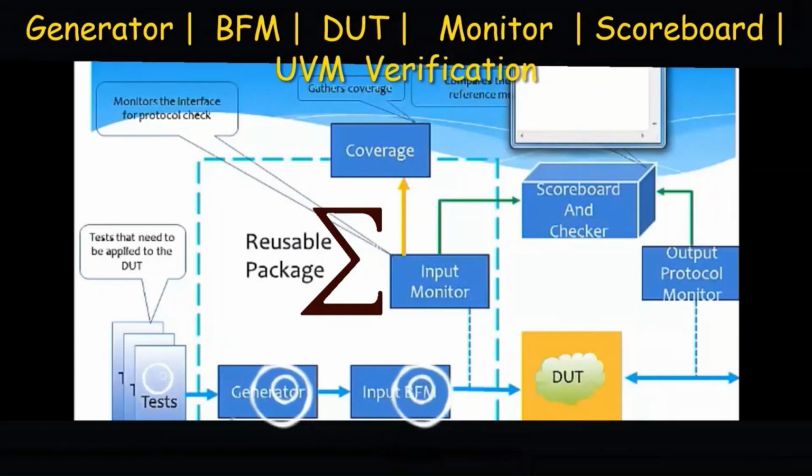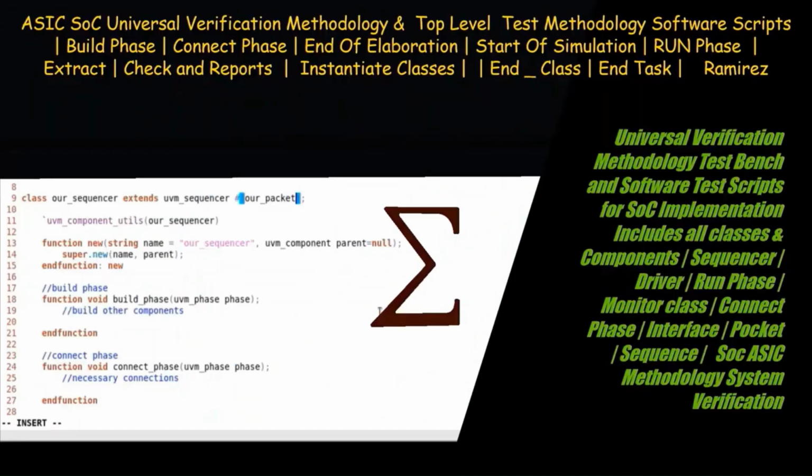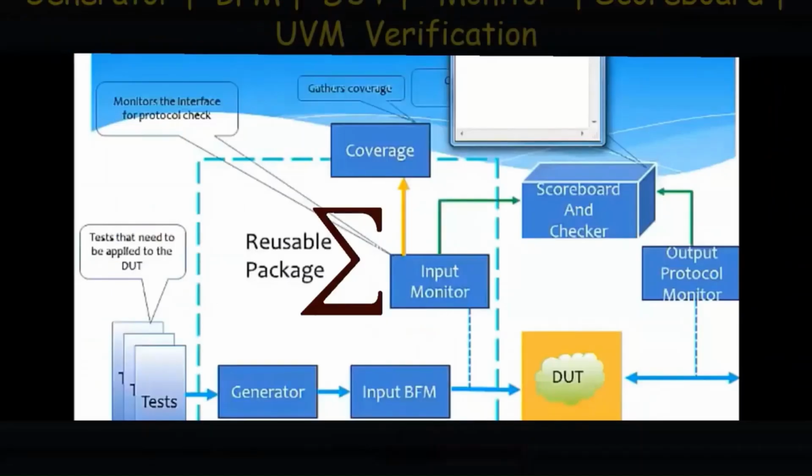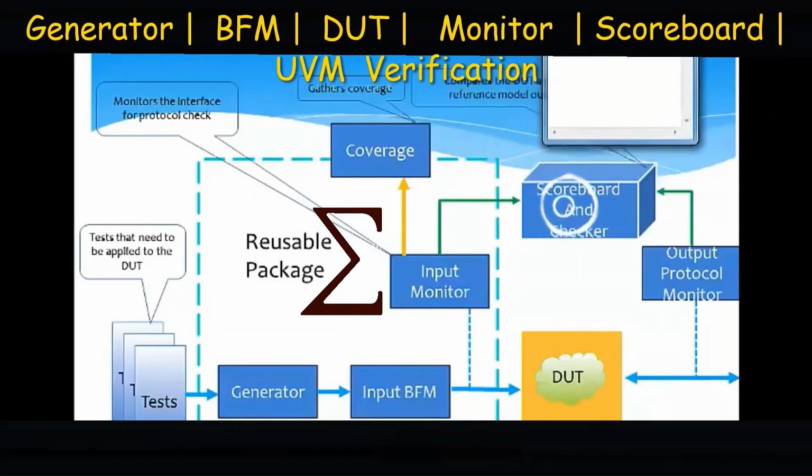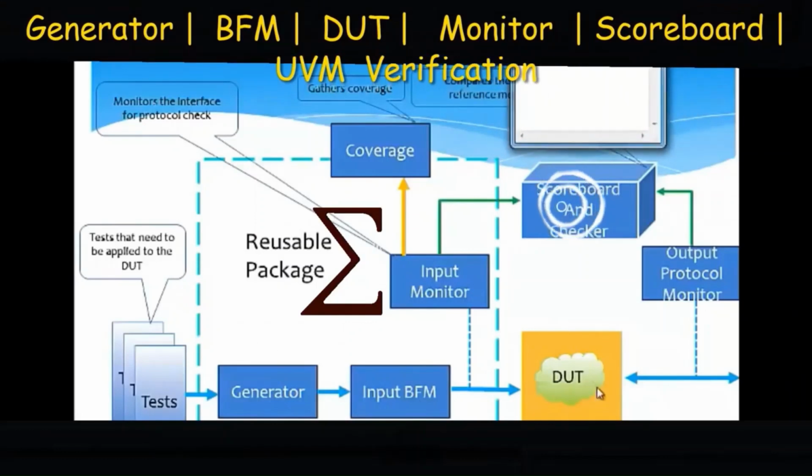And the run phase collects the process from the device under test into the output protocol monitor and calls it in the scoreboard, as you can see from the block diagram, to run the test cases on the device under test.